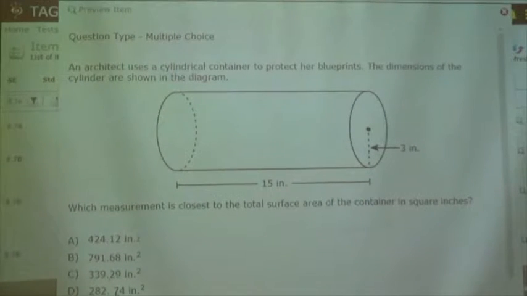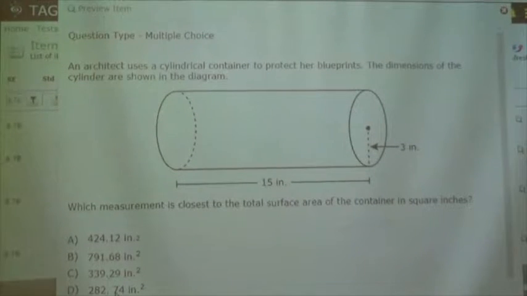So I'm going to start by reading the question. The architect uses a cylindrical container to protect her blueprints. The dimensions of the cylinder are shown in the diagram. Which measurement is closest to the total surface area of the container in square inches?